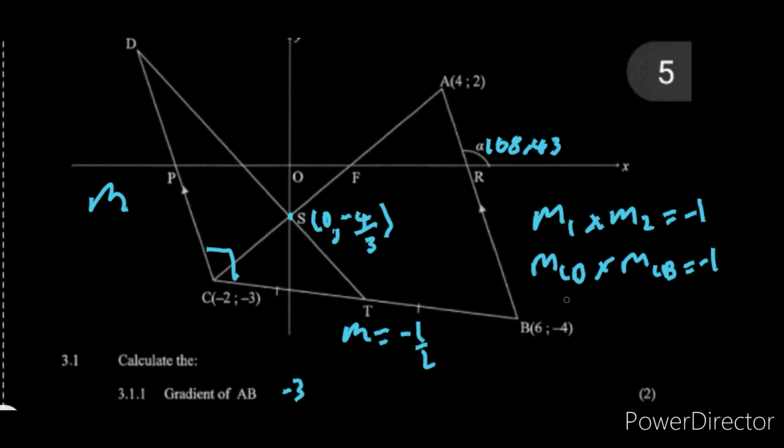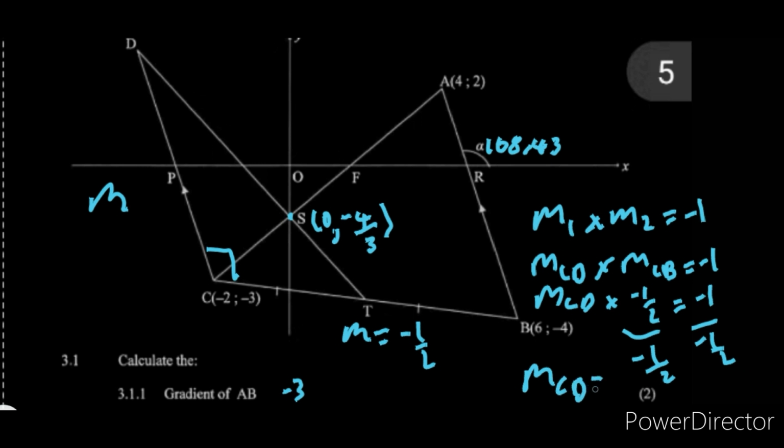Then from there, we are looking for the gradient of CD, but we have the gradient of CB. So then we're going to say times -1/2 is equal to -1. And when you divide both sides by -1/2, you would get the gradient of CD is equal to 2. So that's what you would do.